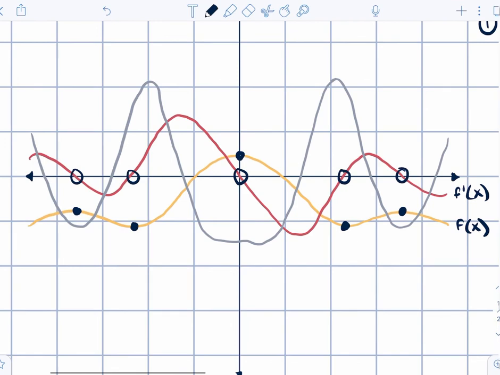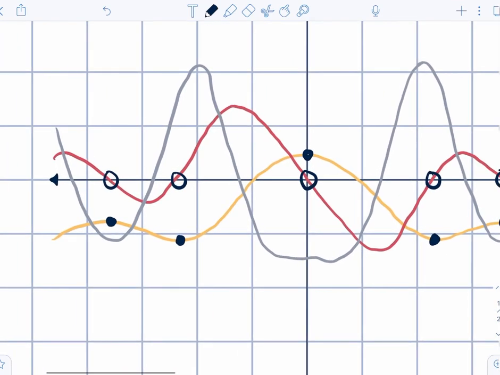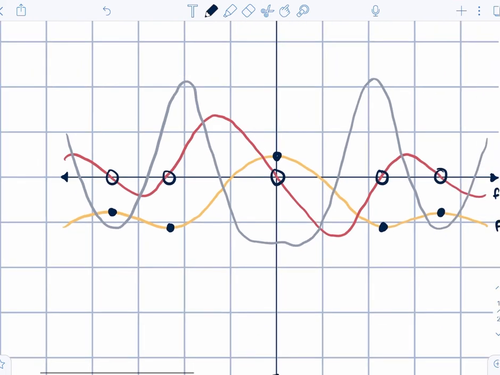And now if we chose another random spot, right here we can see that since this is our original function, it's increasing, and right here the derivative is a positive number, which means the slope is positive.